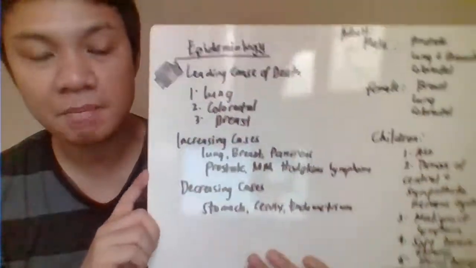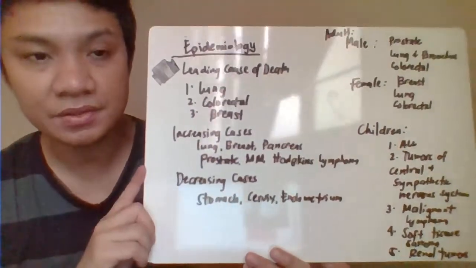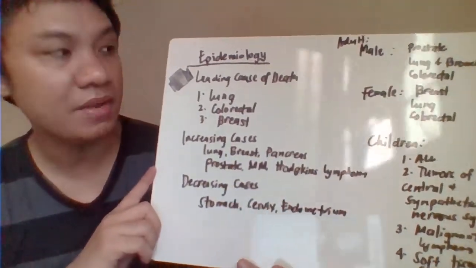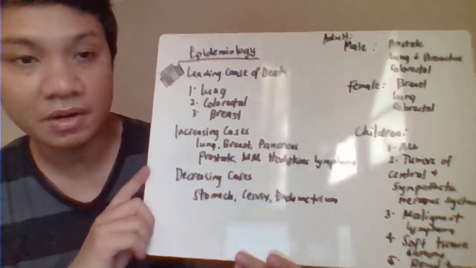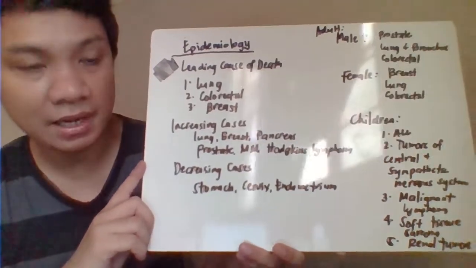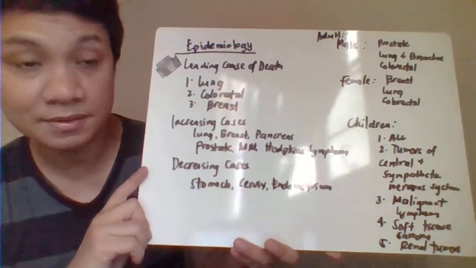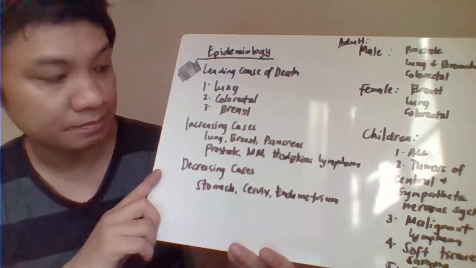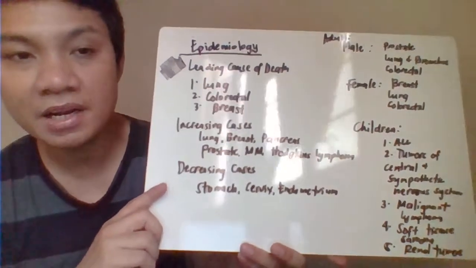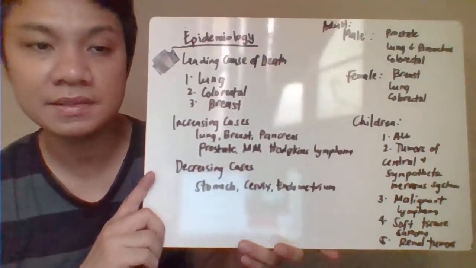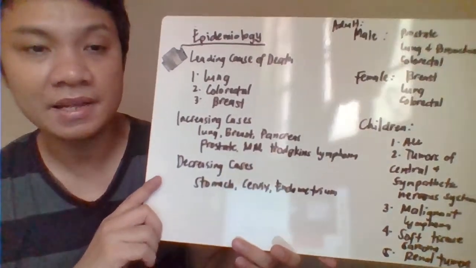Okay, now we go to the epidemiology of your cancer. So we have here the prevalence. We have here the leading cause of death related to your cancer. Number one, we have the lungs, followed by your colorectal cancer or your colon cancer, followed by your breast. Then, as of today, we have the increasing incidence of your cancers.